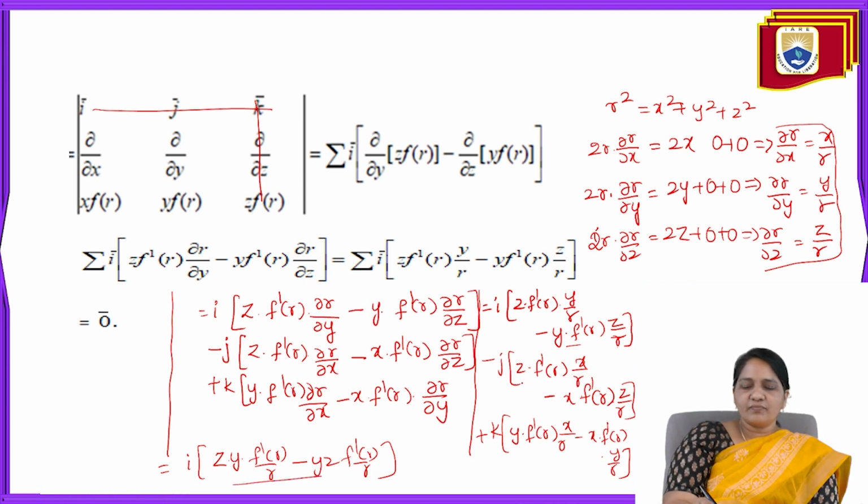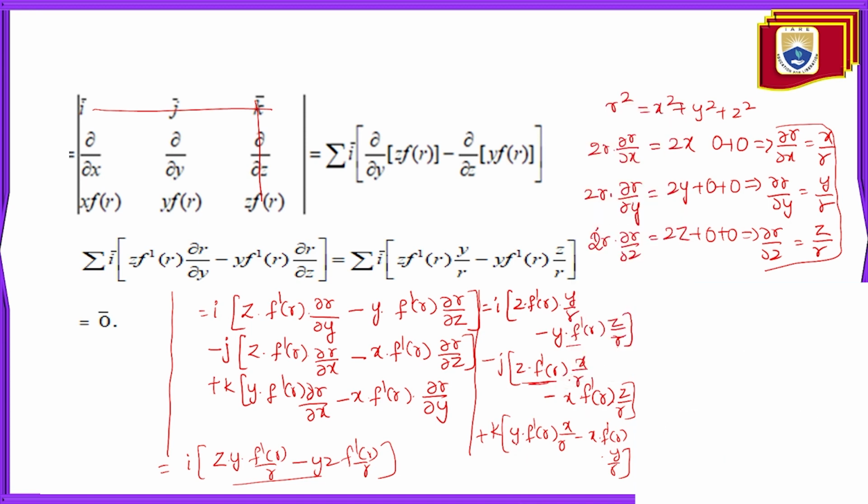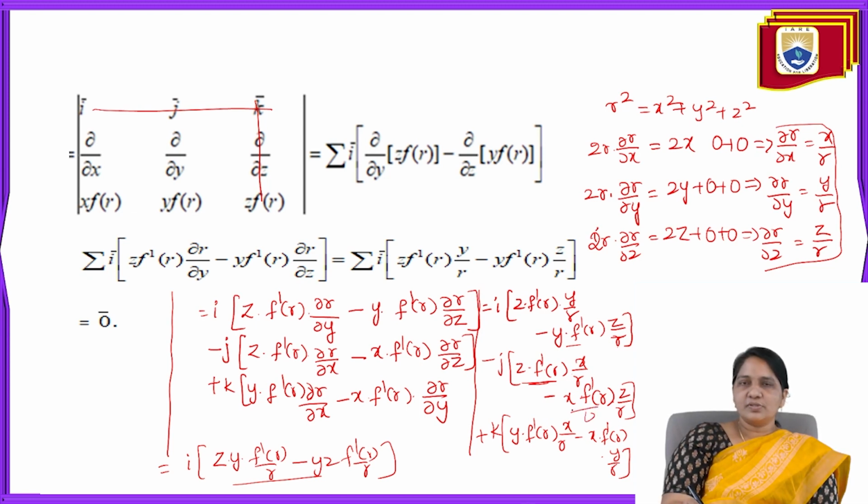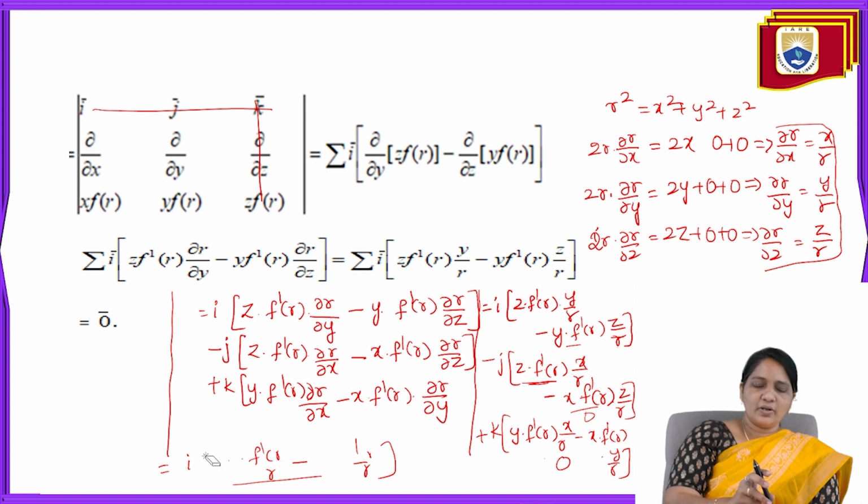Now the same way here also x z f'(r) by r, here z x f'(r) by r. So this is also 0. Next y f'(r) and x y and y z. Here also 0. So now I got the first term is 0.